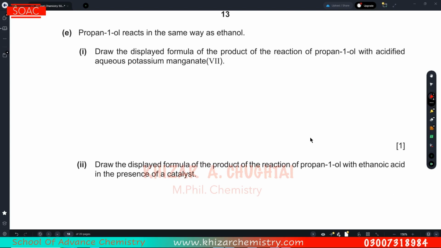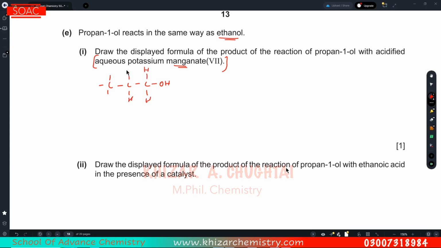Propan-1-ol reacts in the same way as ethanol. Display the formula of the product of the reaction of propan-1-ol with acidified potassium manganate. Basically, it is an oxidizing agent and it will oxidize the alcohol. This is the displayed formula of propan-1-ol.